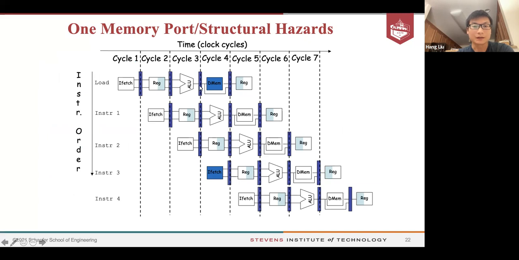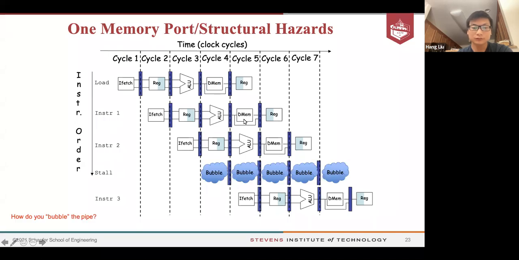So the first one, the structure hazard, is what I just mentioned. If the first instruction is doing memory access, and the third instruction is doing instruction fetch, because both of them have to go through the memory port, then they might have contention. So this is called a structure hazard. When a structure hazard happens, we insert a bubble, right?